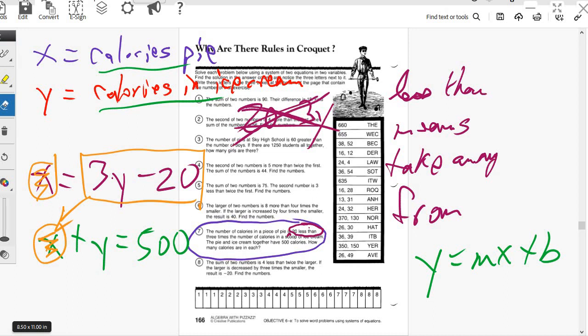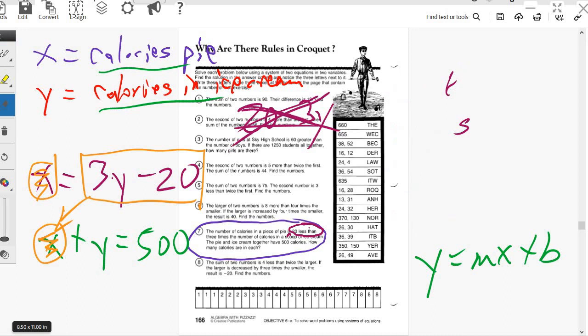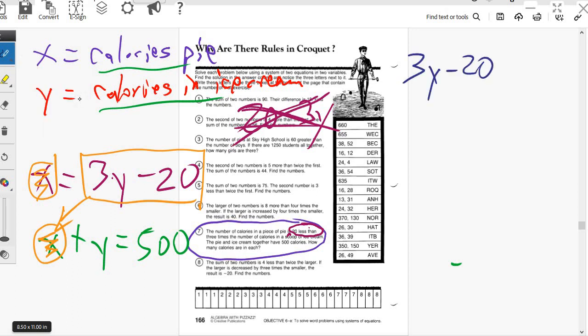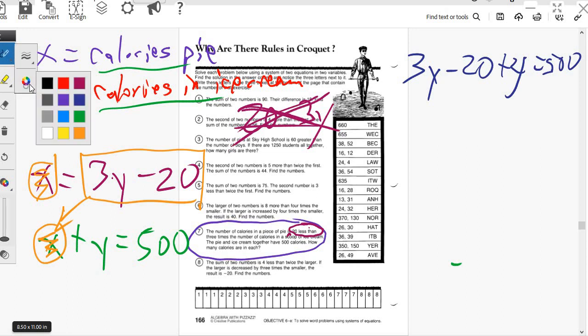Let me erase this part so I have more space to show you. Okay, so now we have the equation 3y minus 20 plus y equals 500. Okay, and now how do we solve this equation?